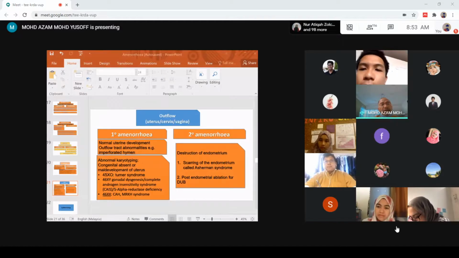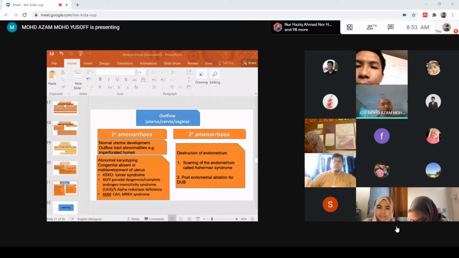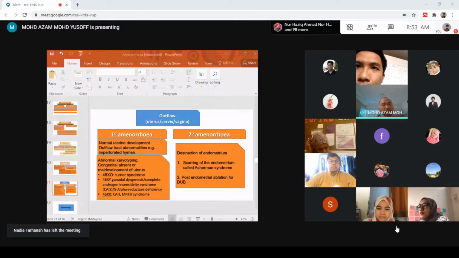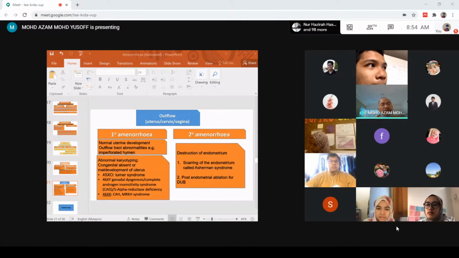So if, let's say, bicornuate uterus, is the hypothalamic-pituitary-ovarian axis functioning? It's functioning, isn't it? Functioning well. The uterus is abnormal, but it still has normal endometrium. Is there any obstruction to menses coming out from the uterus?